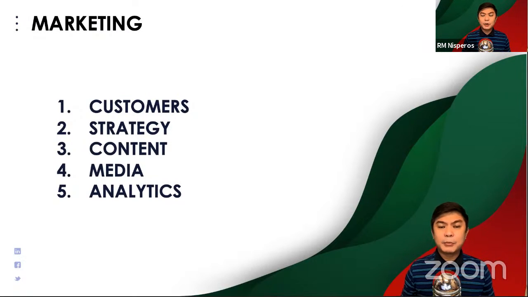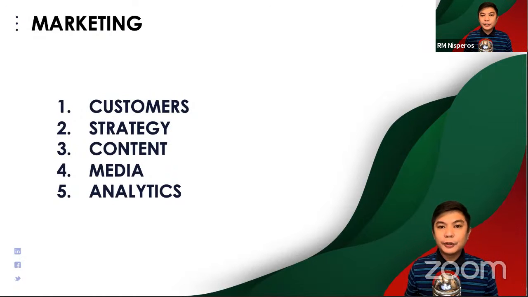And the last, I think one of the most important aspects of digital marketing and marketing is analytics. Analytics is using numbers to assess your performance so that you can adjust accordingly. In digital marketing, it's very easy to generate analytics, generate key performance indicators to know if your marketing strategy works.